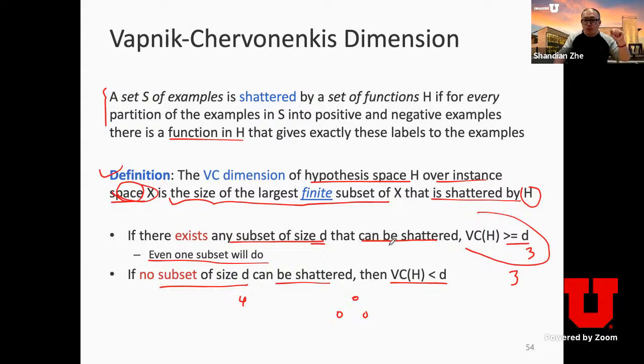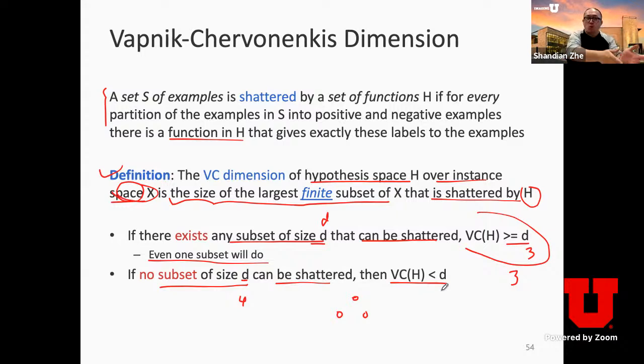So as long as we can find one subset of D points in the instance space that can be shattered by your H, then the VC dimension of H will be no less than D. Only when no subset of this particular size D can be shattered do we claim the VC dimension is strictly less than this D. So if we look at the VC dimension of your hypothesis space, what should we do?